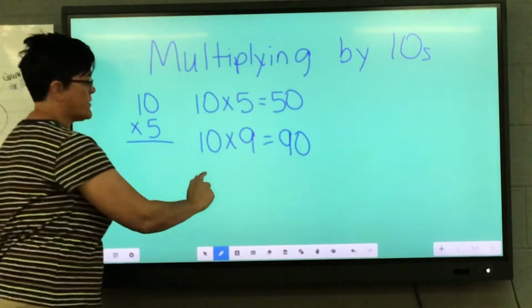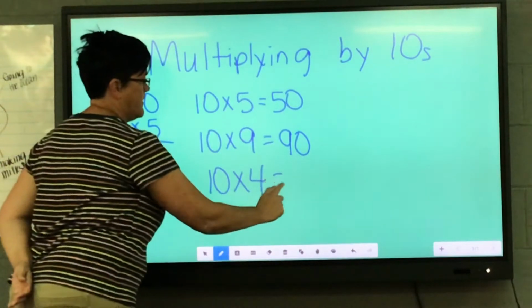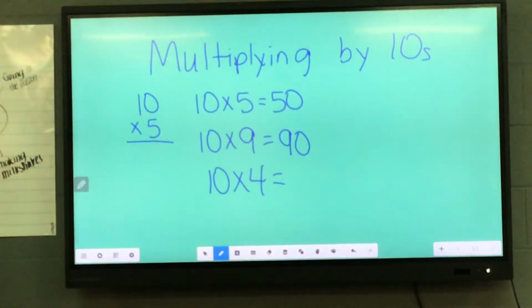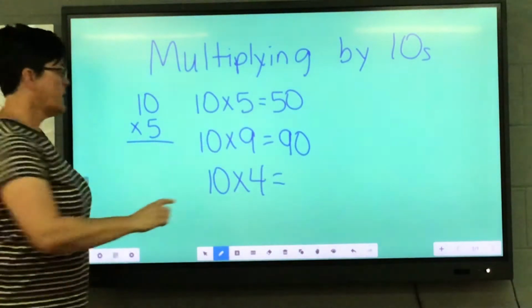Okay, figure this one out. Think about what 1 times 4 is, and then put a 0 behind it. What is 1 times 4, everyone? 4.